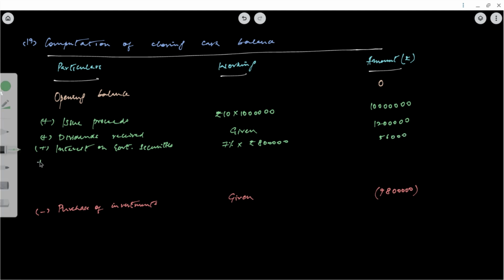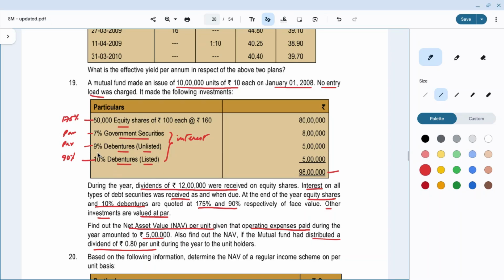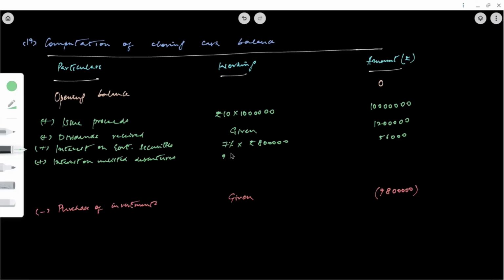Right? Next, interest on unlisted debentures. That is 9% on rupees 5 lakh. That comes to 45,000.